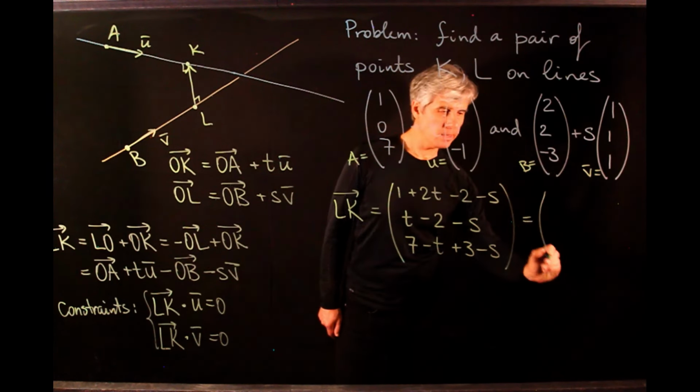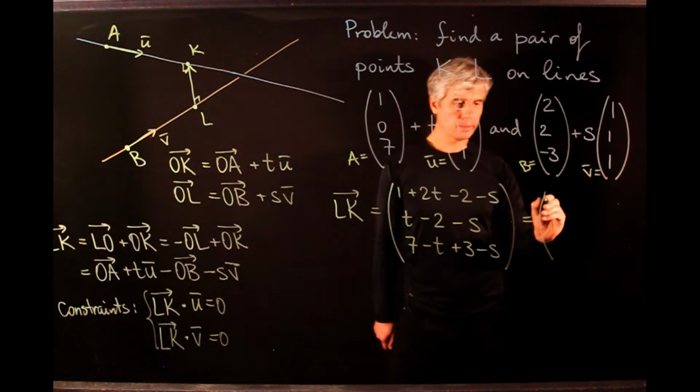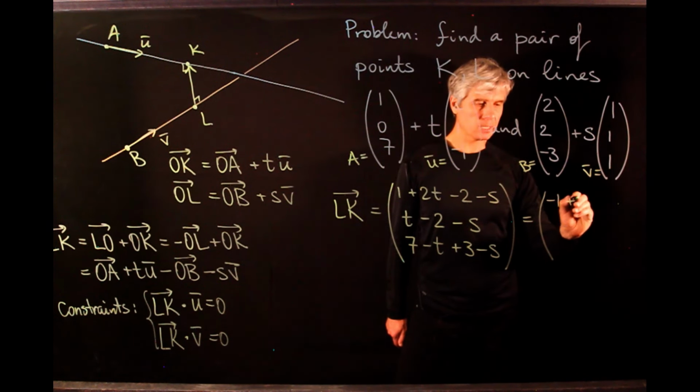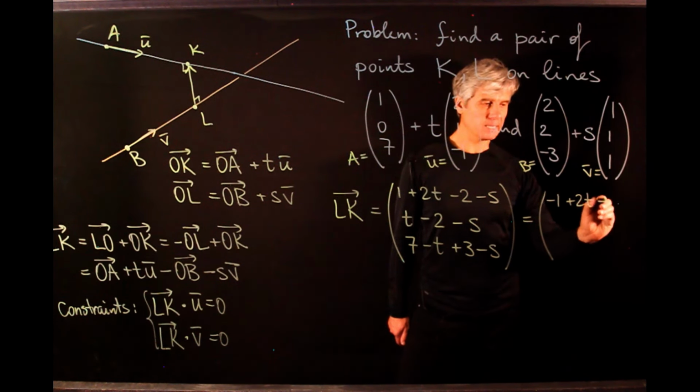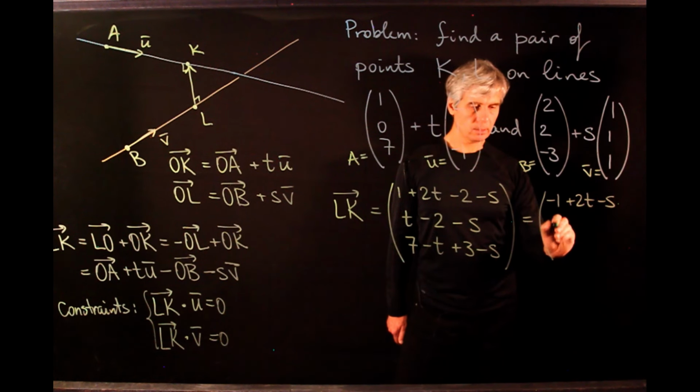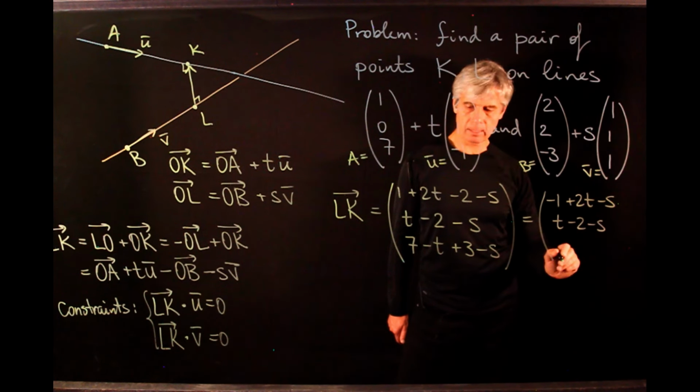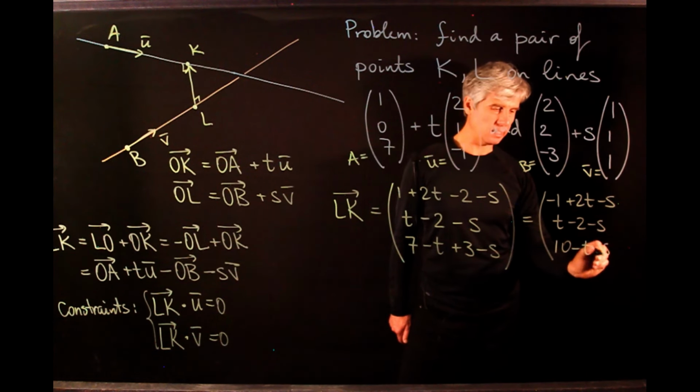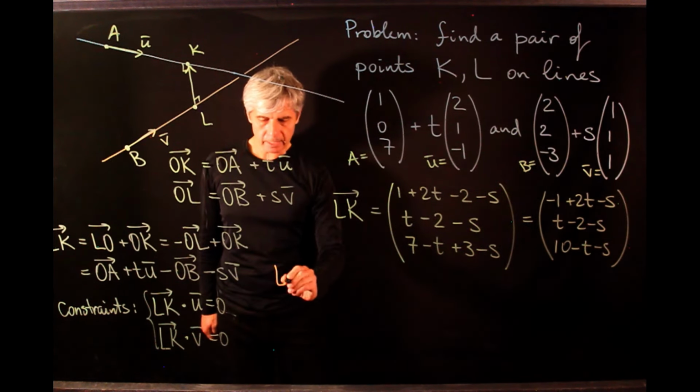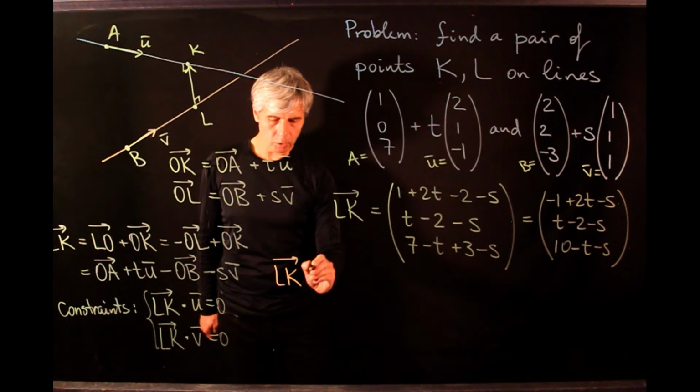So we can simplify this to negative 1 plus 2t minus s, t minus 2 minus s, and 10 minus t minus s. Now, what is LK dot product with U?